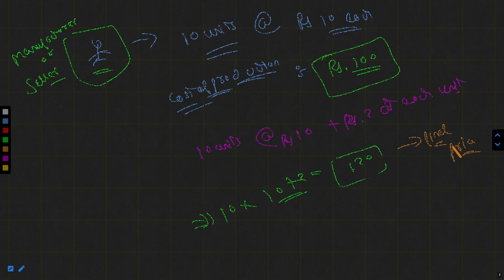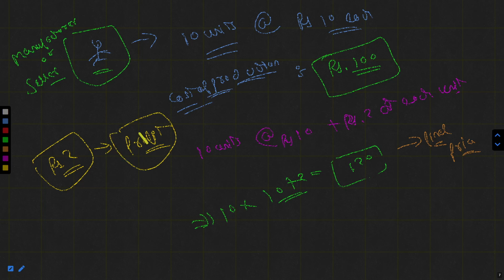Here, if I ask you what is the significance of the rupees 2 in this production, will you be able to tell me? Yes, this rupees 2 is basically the additional amount, or generally we call it profit. So the person producing these 10 units is selling them at rupees 120 instead of rupees 100.